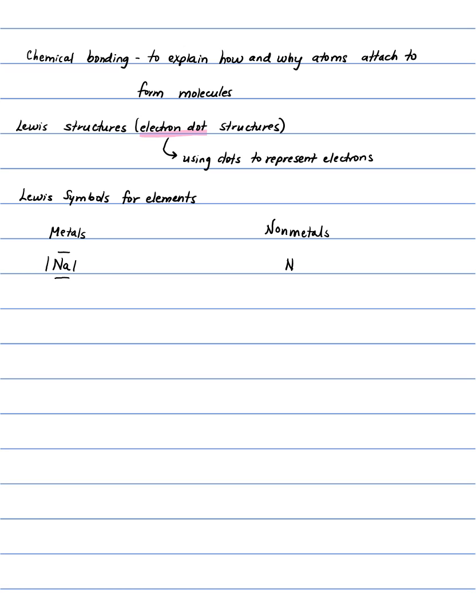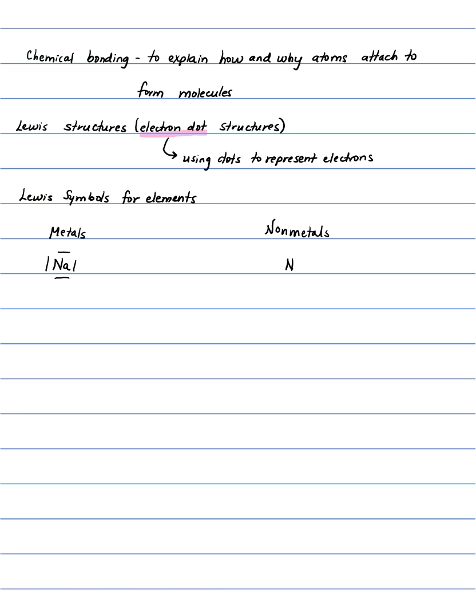Now on the right side, I have an example for a non-metal. The non-metal that I'm using is nitrogen. Nitrogen is in group 5 in the periodic table. If it's in group 5, it means that it has 5 valence electrons.